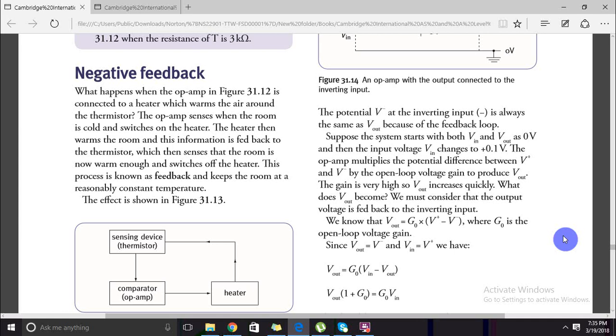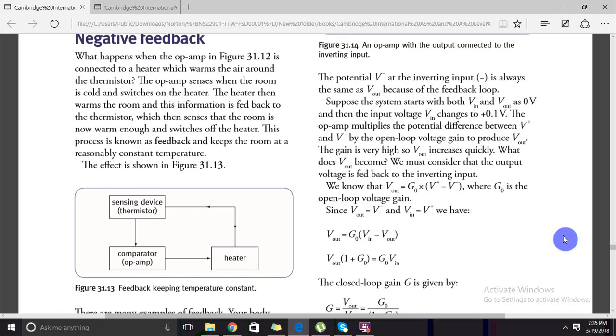But just to reinforce this idea, I suggest you write the formula down, because we're gonna get to some really heavy stuff here, right? And since V out is equal to V minus, we just established that, and V in is equal to V plus, we also established that.